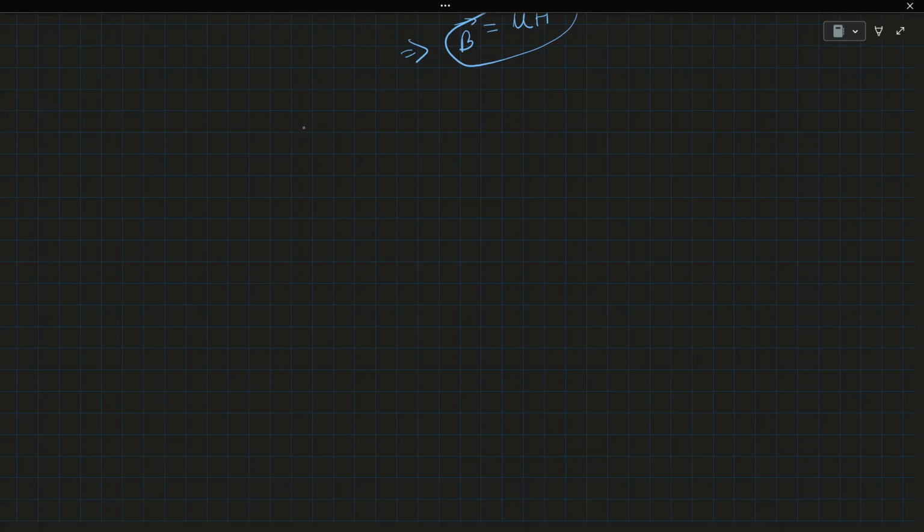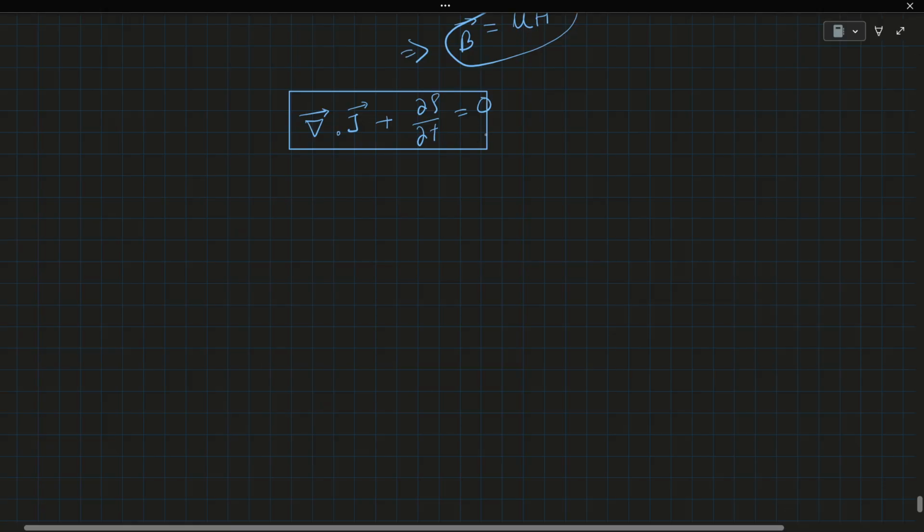What was the continuity equation? Del dot J plus del rho del T equals 0, right? This was the equation of continuity.